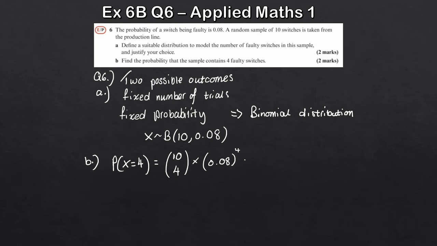And then we also times this by the probability of failure, so 1 minus 0.08, so 0.92. And then we raise that to the power of our total sample size, which is 10 minus this power. Okay, so that's 6 there. If you work this out on your calculator, what you should get here is 0.00523. Okay, 2 marks for that.